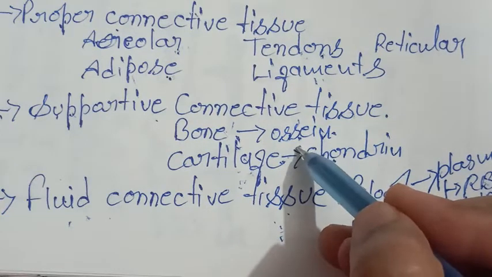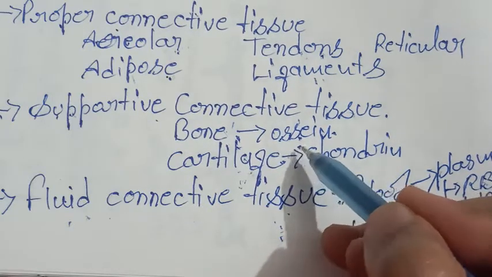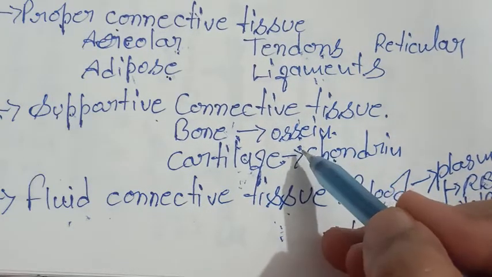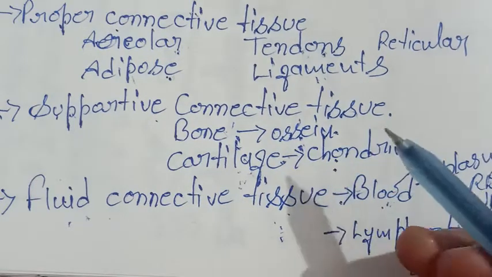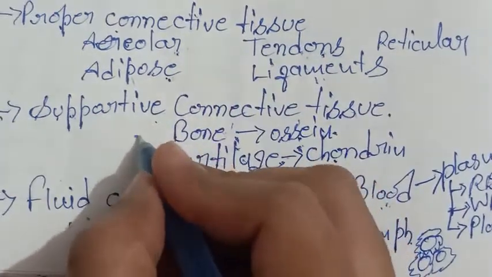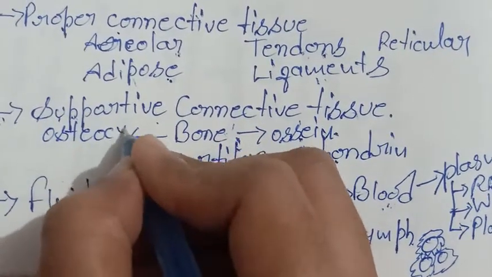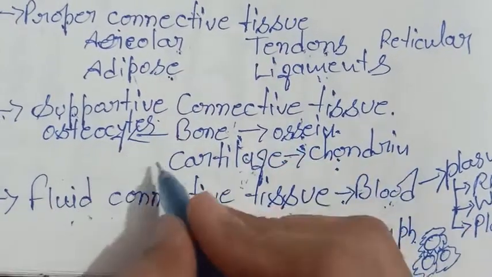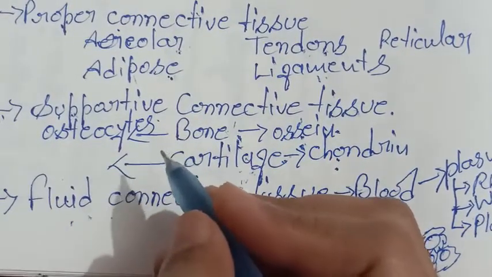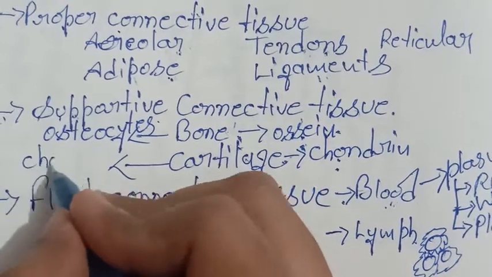The matrix is present in the form of layers called lamellae. The lacunae contain bone forming cells, and these bone forming cells are known as osteocytes, whereas cartilage forming cells are called chondrocytes.